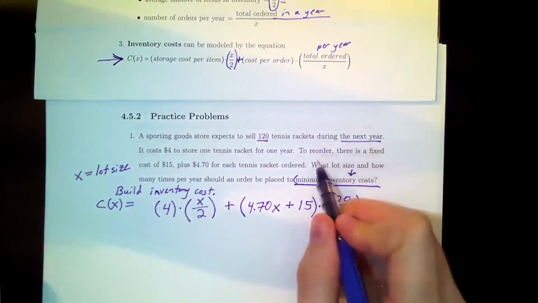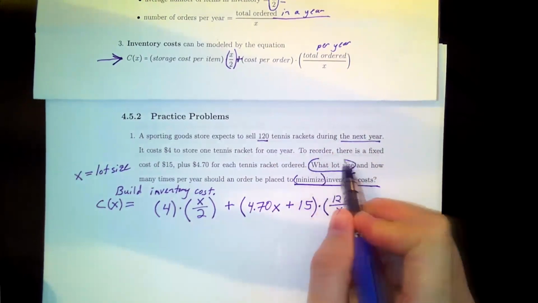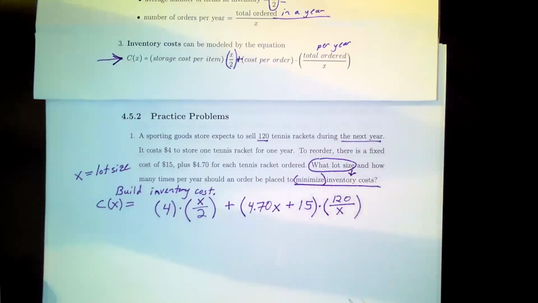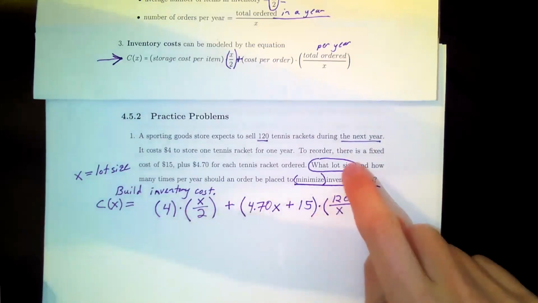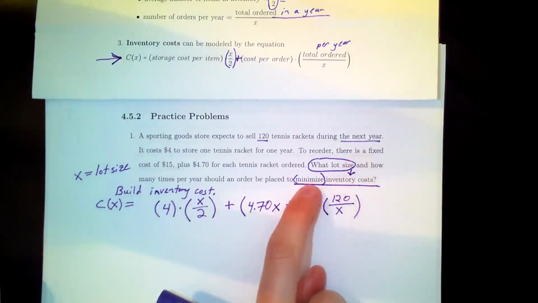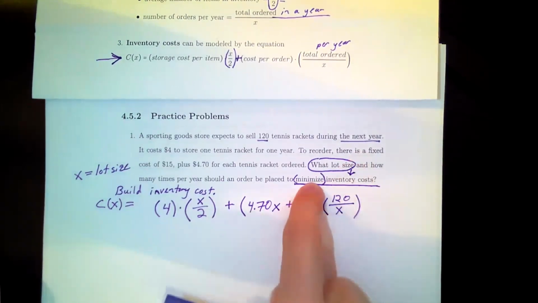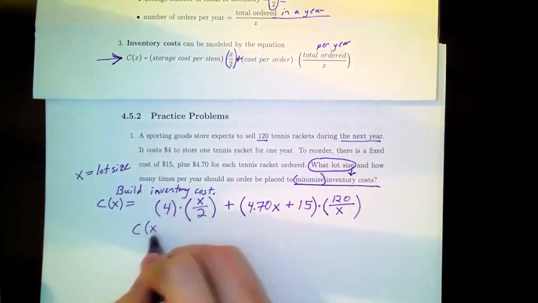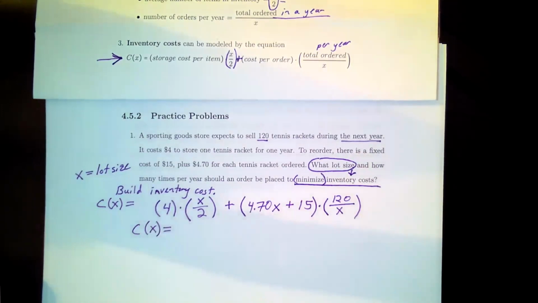Actually, yes, because it says what lot size. So that means what X minimizes inventory costs. I have to build my inventory cost function, and I need to find the X that corresponds with a local minimum. This is standard stuff we've done in chapter 3, but we're putting a different, word problem spin on what it means.